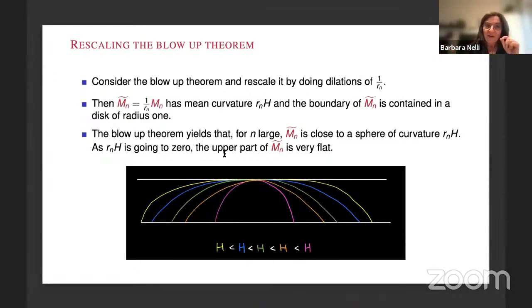So this is important. The upper part of Mn tilde is very, very flat. If you cut a sphere next to the top, the North Pole, at a fixed height, and you make the curvature smaller and smaller, the sphere does this picture.